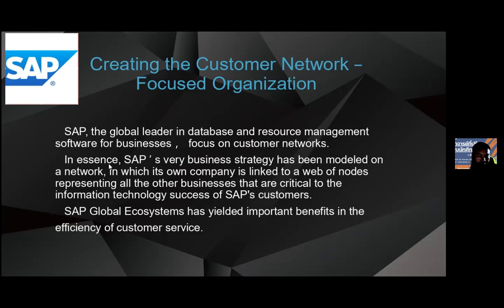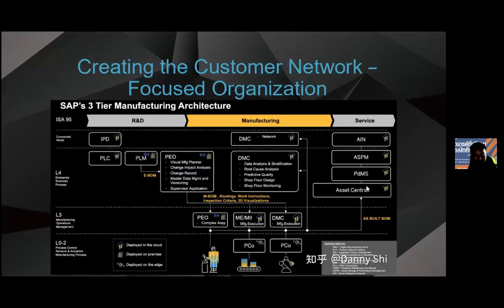In essence, SAP's very business strategy has been modeled on a network in which its own company is linked to a web of knowledge representing all the other businesses that are critical to the information technology success of SAP's consumers. SAP's global ecosystem has yielded important benefits in efficiency of consumer service.